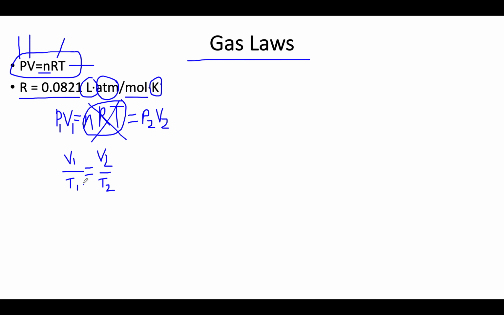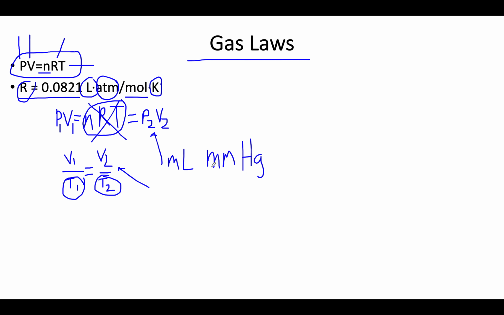And remember, temperature definitely needs to be in Kelvin. In this case, you see right here, P1 V1 equals P2 V2 or V1 over T1 equals V2 over T2, you're not actually using the gas constant, so you could be in different units. You could be in milliliters for the volume. You could be in millimeters of mercury for the pressure. That's not required for these other equations.